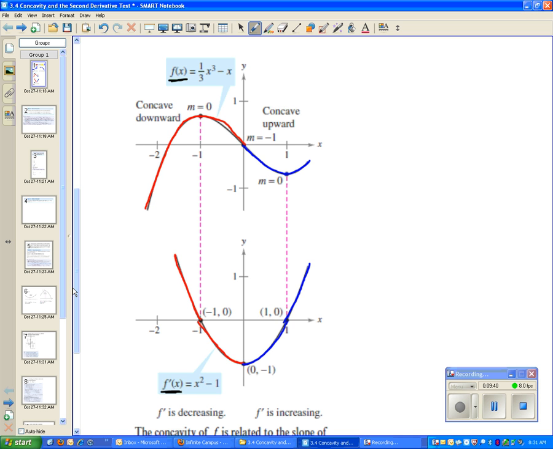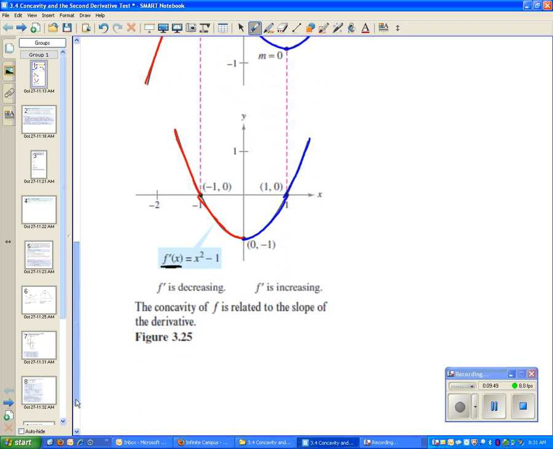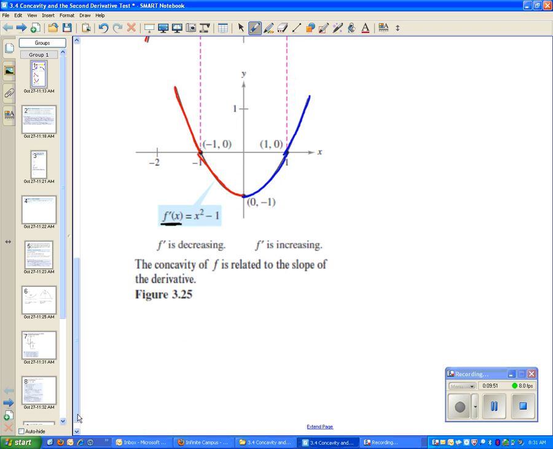It's a different y coordinate, but at the same x coordinate, correct? So the concavity changes when, well, I'm not explaining that right. When the derivative changes from decreasing to increasing, that's when the concavity changes. Or when the concavity changes, that's when the derivative changes direction.